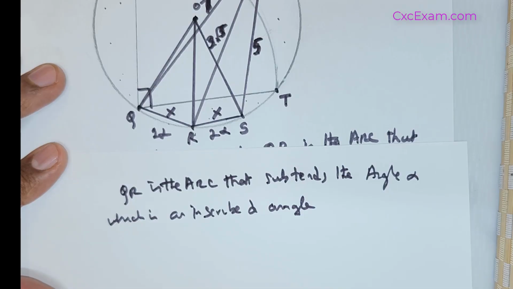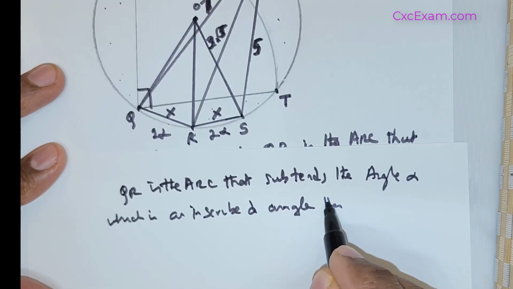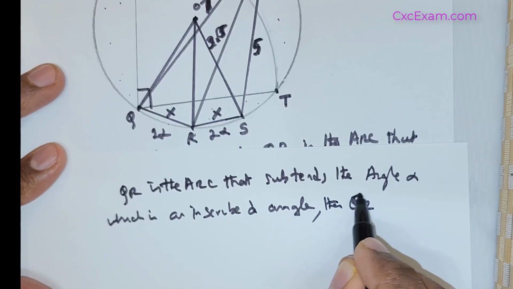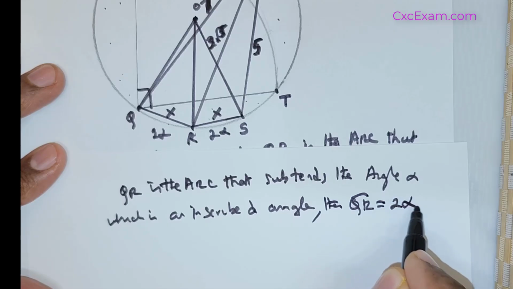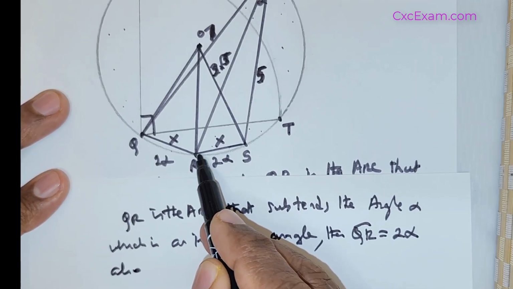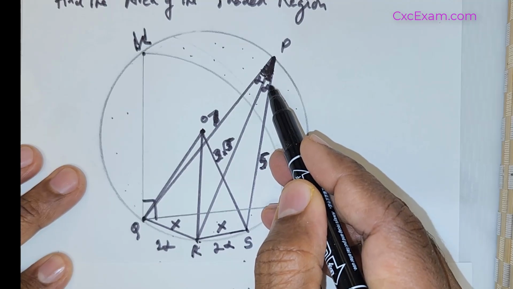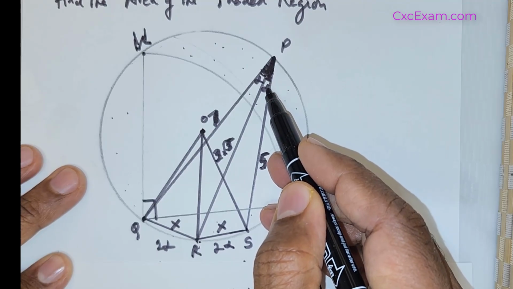So if alpha is the inscribed angle, then the arc QR would be equal to 2 times alpha. Also, RS is subtending the angle alpha, which is also an inscribed angle.